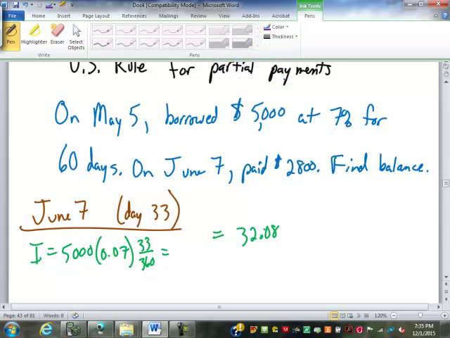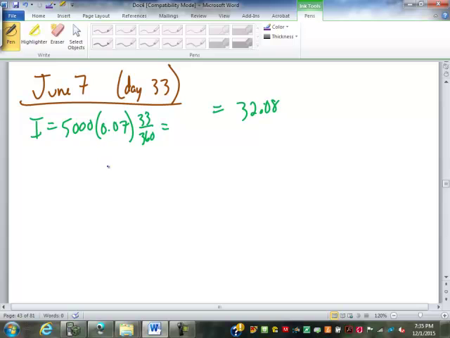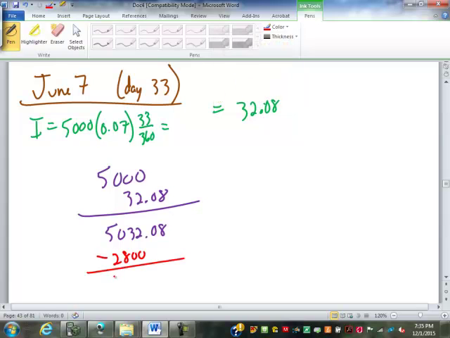So what that means is our balance before the payment is our $5,000 plus $32.08. So $5,032.08. And we subtract the $2,800 payment, $2,232.08.